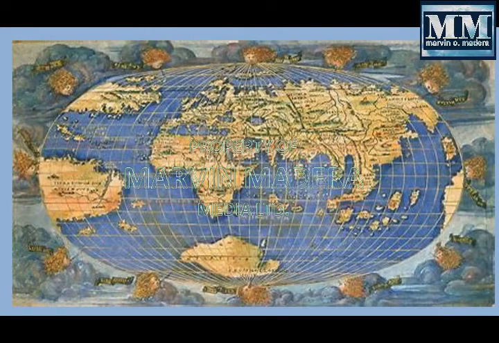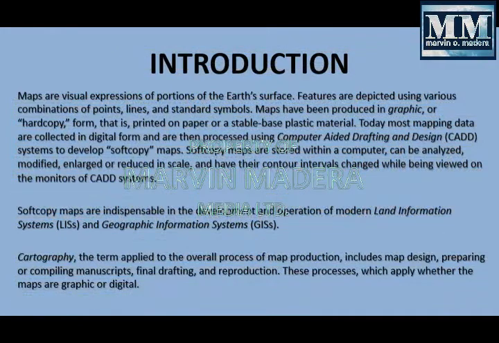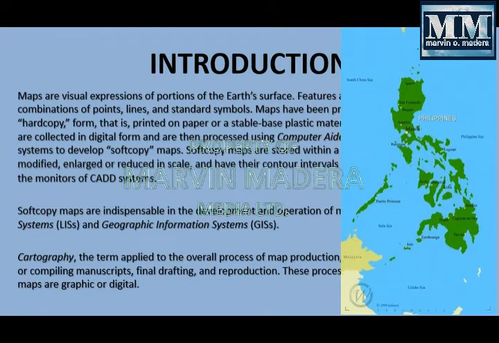We have here a representation of the Earth, which we call the world map. This map represents the form of the continents or landmasses and water forms of the entire Earth. Maps can also be presented as a country map. We have here the map of the Philippines that represents all the land masses or islands that comprise the Philippine Islands.